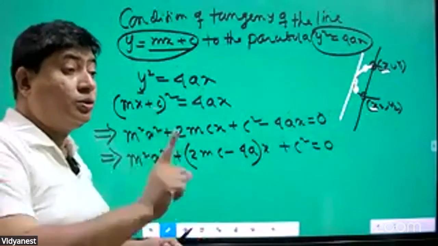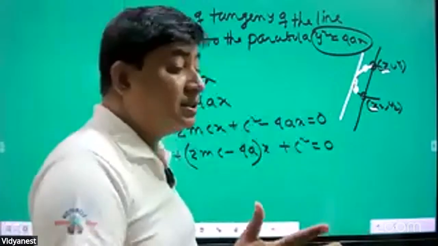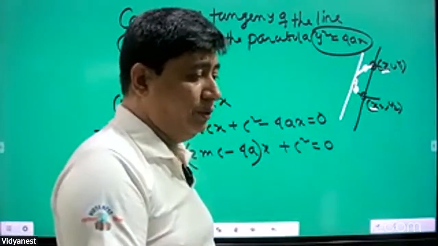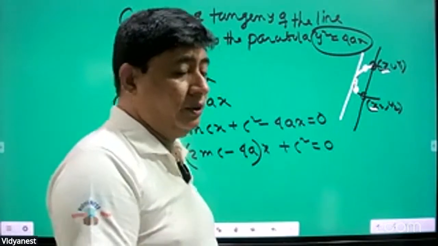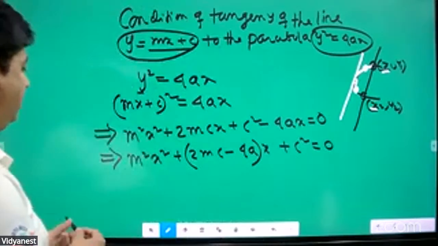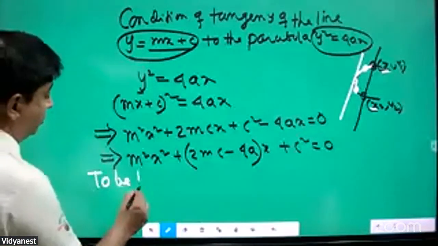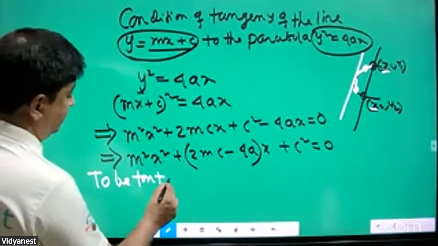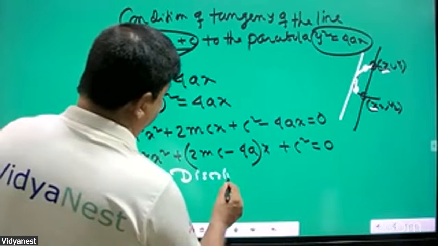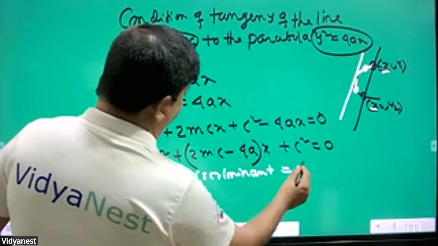When 2 roots of the quadratic will be same, is discriminant not equal to 0 or equal to 0? Equal to 0. Yes or no? So, to be tangent, discriminant of quadratic must be 0.